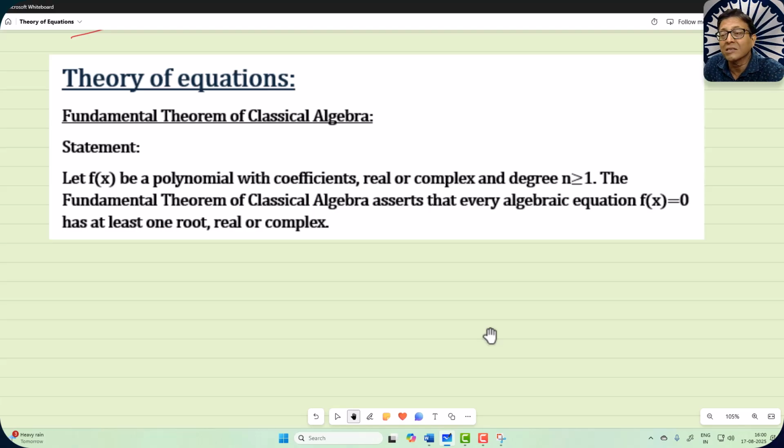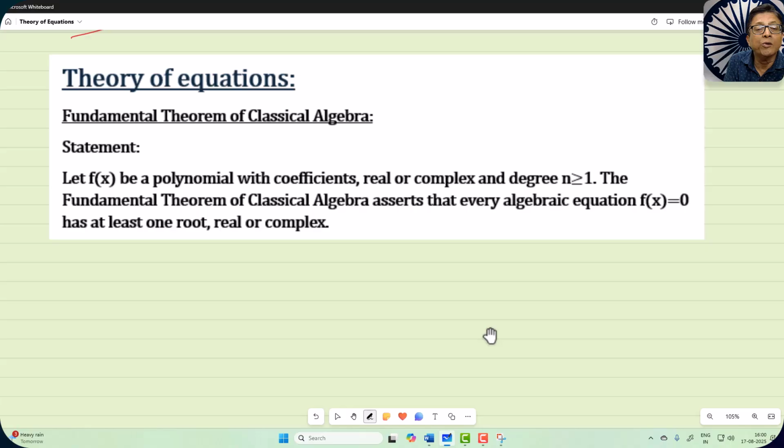We will not be discussing the proof of this. Rest everything I will prove, but not this one. So, it is beyond the scope of this session. But this fundamental theorem will help you to understand the other theorems, and it's very important to decide something about roots of a polynomial equation. That's why we need to learn it. What is that?